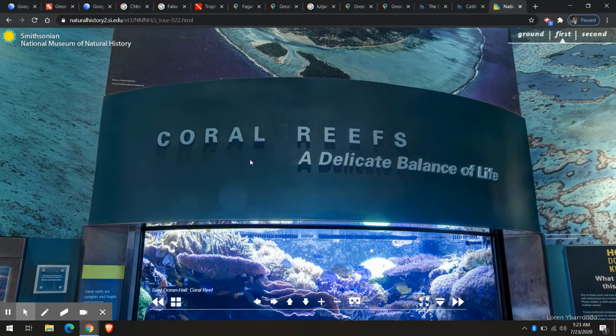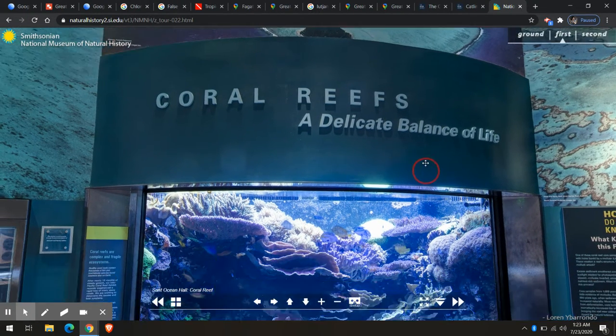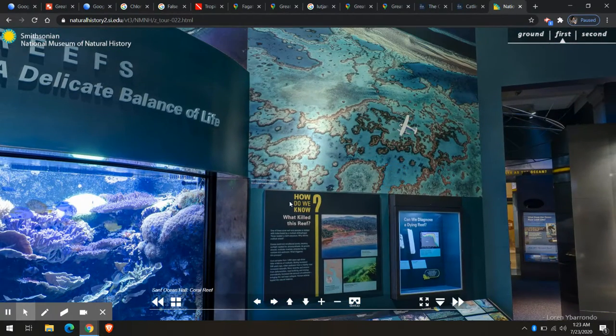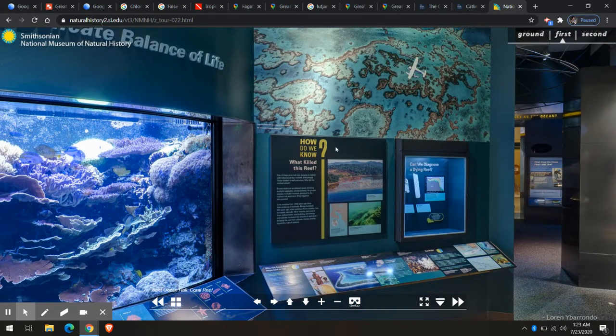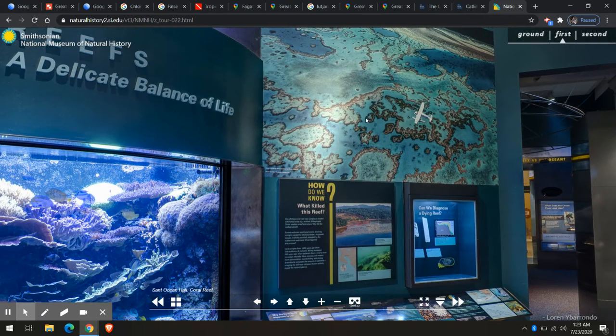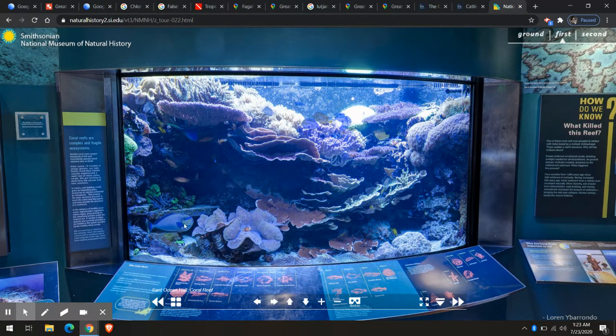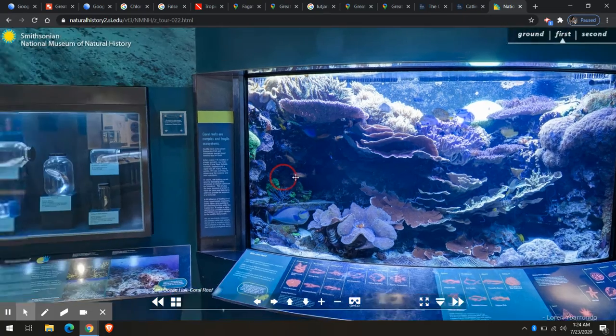And even they have an exhibit talking about coral reefs, a delicate balance of life. Their exhibits telling us about reefs, why we should care, and how we can help are super important to the survival of these delicate ecosystems. Check it out, parrotfish, some other brightly colored fish, and look at all that nice coral.